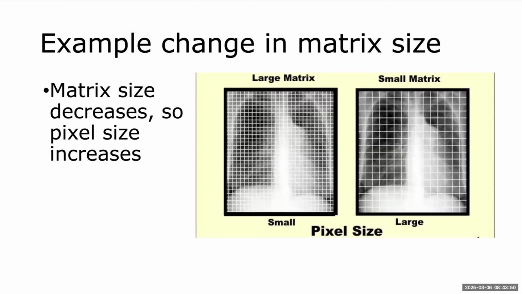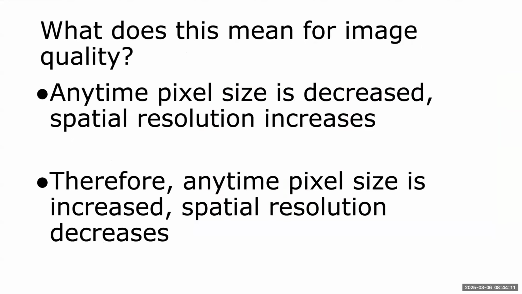So if the matrix size is getting smaller, but it's being applied to the same field of view, then the pixel size has got to get bigger. And you can see that visually on this image. Bottom line is just to remember that the size of the pixel is one of the determining factors of spatial resolution when we're talking about CR imaging.